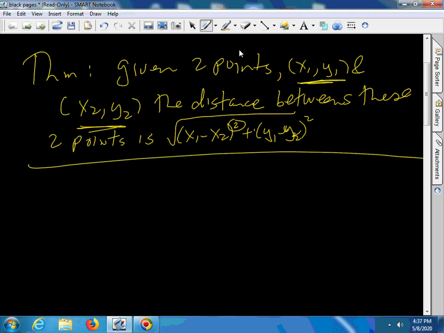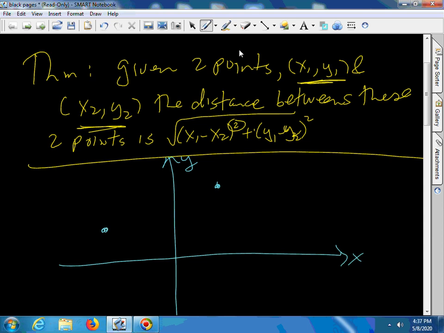So we draw our xy coordinates. We put x1, y1, say, right here, and x2, y2 here. And there's only one reason that this point is x1, y1.